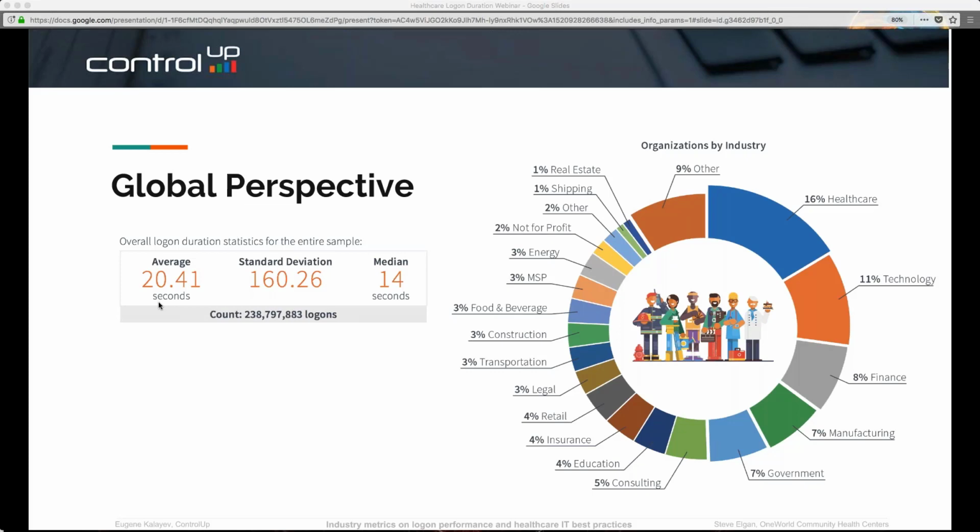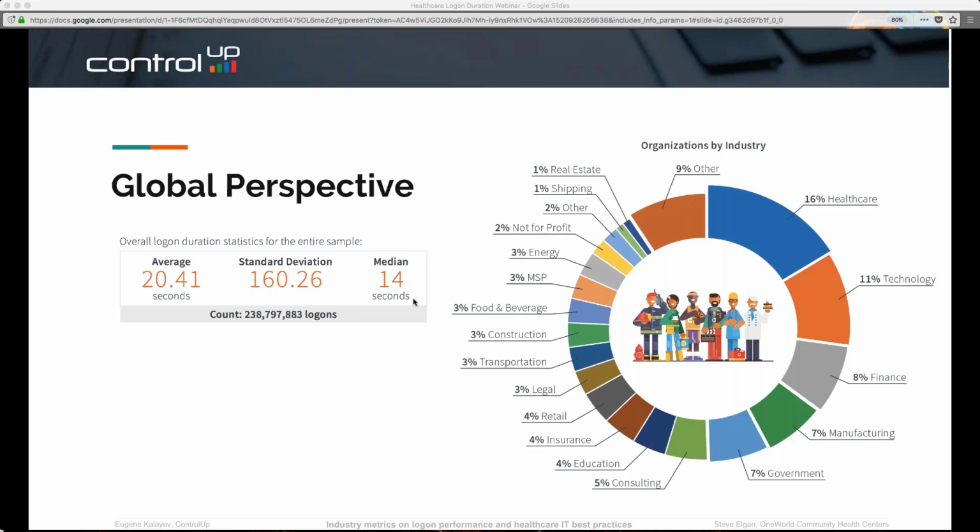This provides some sort of anchor to talk about this huge data set, but it definitely doesn't tell the whole story. For example, a median is sometimes used to enrich the understanding of the data. An intuitive way to understand the median is by saying that a median of 14 seconds means that half of the population, half of those quarter billion logons, were finished in under 14 seconds.